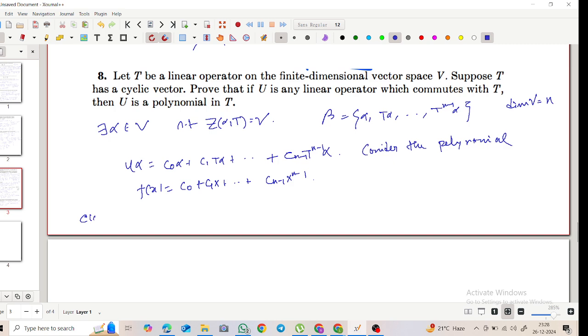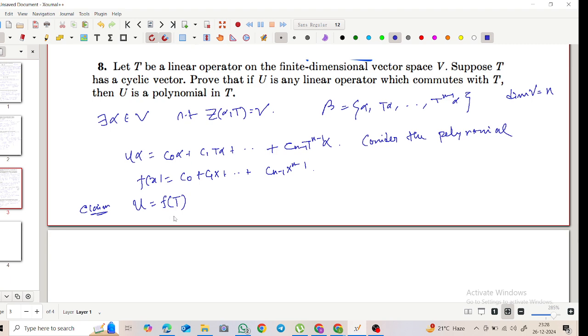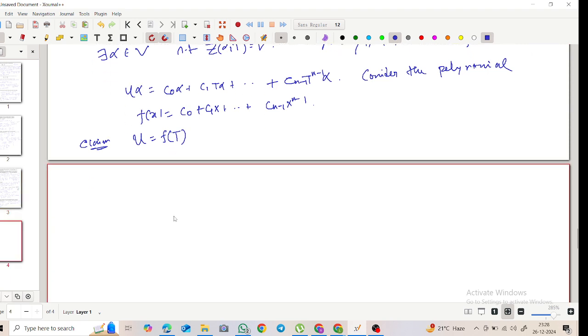Our claim is U equals f(T). Okay. Now clearly from this line we are seeing that U alpha is clearly f(T) alpha. Okay, from this line we have it.